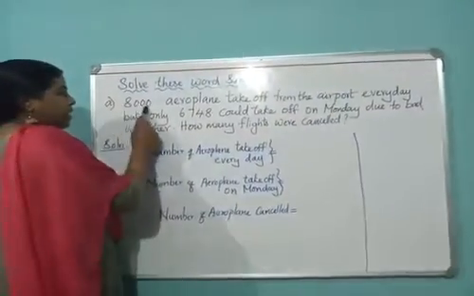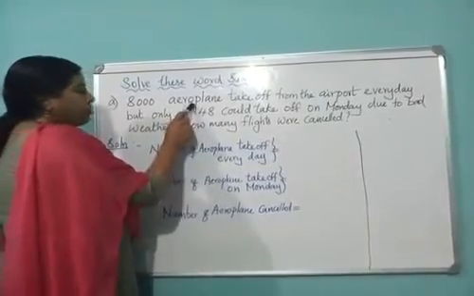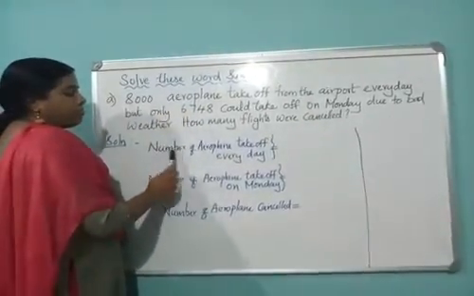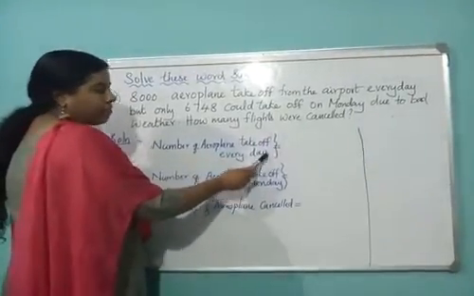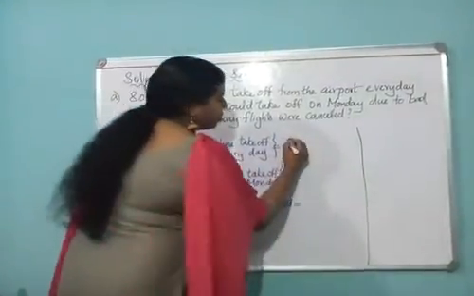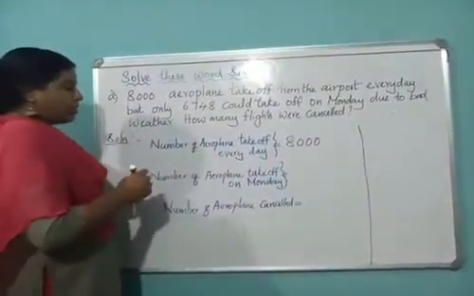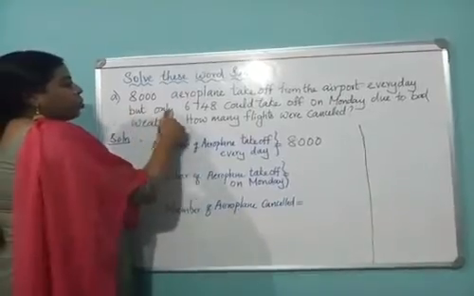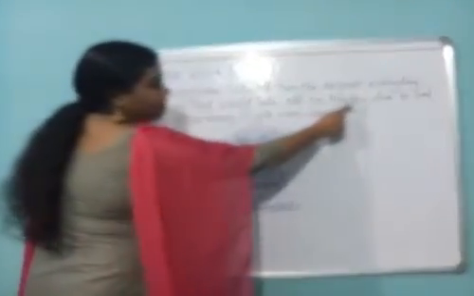That means this 8,000 shows the number of aeroplanes. So the first line will be: number of aeroplanes take off every day equals 8,000. Now the second one: but only 6,748 could take off on Monday.